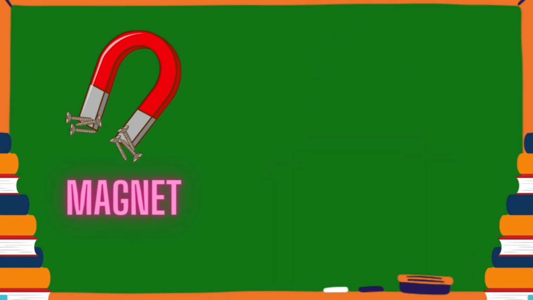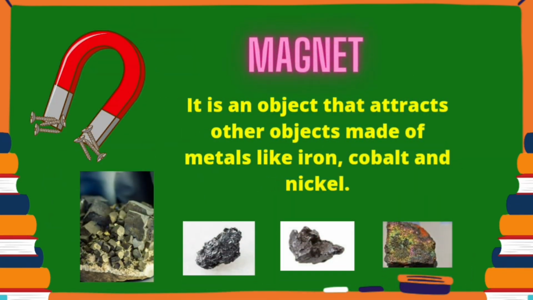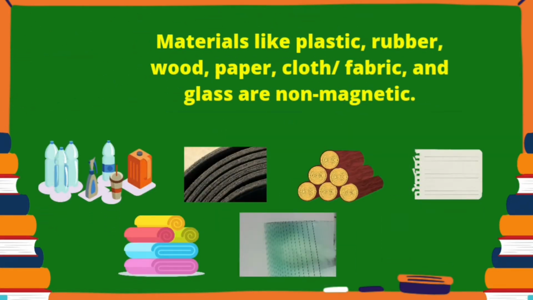That's great! Magnet is an object that attracts other objects made of metals like iron, cobalt, and nickel. Materials like plastic, rubber, wood, paper, cloth or fabric, and glass are non-magnetic, meaning they are not attracted to magnet.